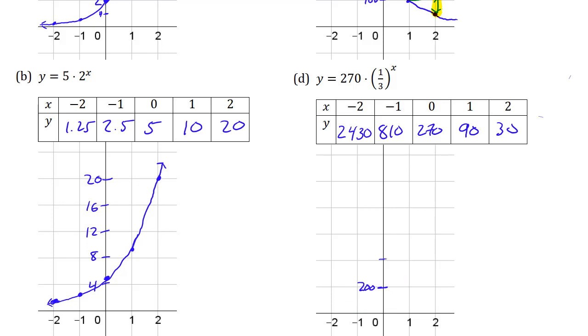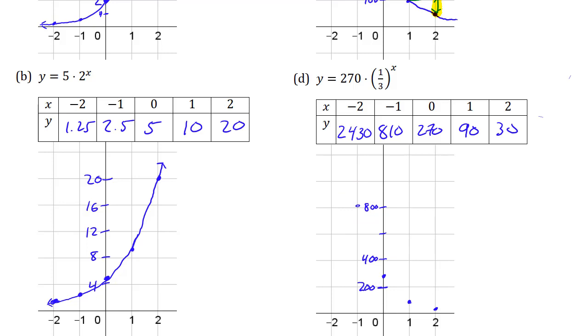I'm going to make this 200 for each tick mark on the y-axis. So that would be 400. So if it's starting at 270, that's a little bit closer to 200 than to 400. And then we have 1, 90 is about here. 2, 30 is about there. -1, 810 should be right about here.